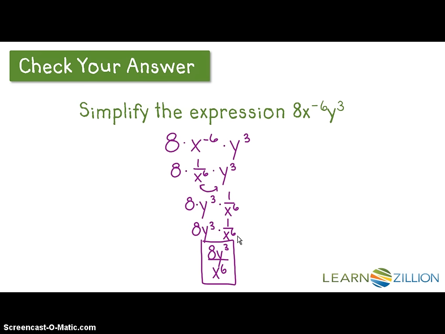Again, when multiplying a whole or a non-fraction by a fraction, we multiply the whole number by the numerator and then divide by the denominator. And so that gives us the result of 8y cubed divided by x to the 6th power. How did you do?